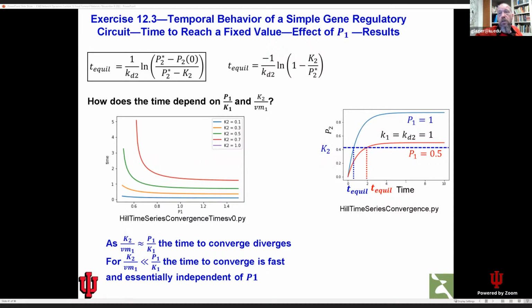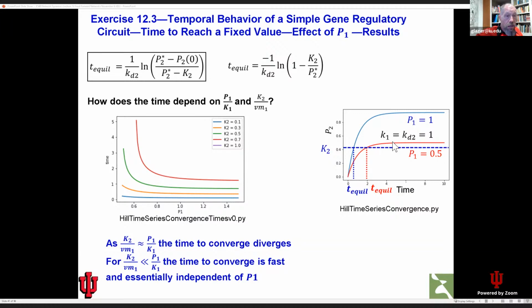What I wanted to show you though is the result. Let's look at this time series here. If K2 is bigger, then it takes longer to get to your target. Clearly, if K2 is bigger than P2 star, you never get there.